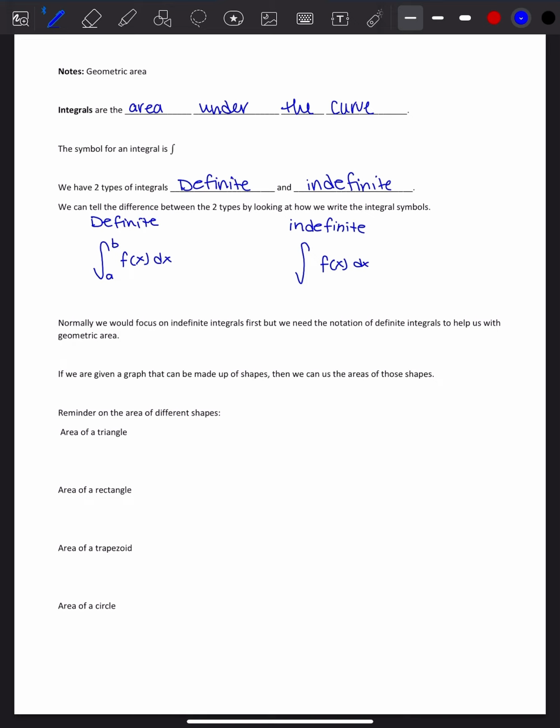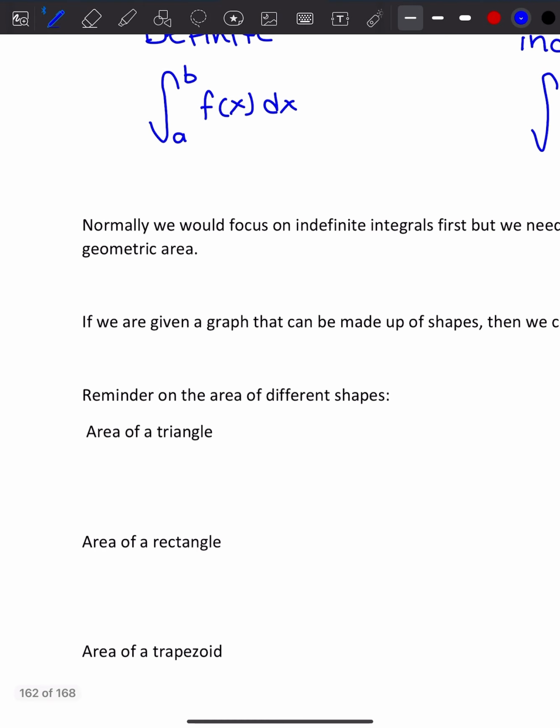So when we're talking about geometric integrals, what we're really talking about is the area under the graph, specifically graphs where we can find the area using shapes. So let's talk about some area formulas. The area of a triangle, we can think about it in two ways: base times height divided by 2, or 1/2 base times height.